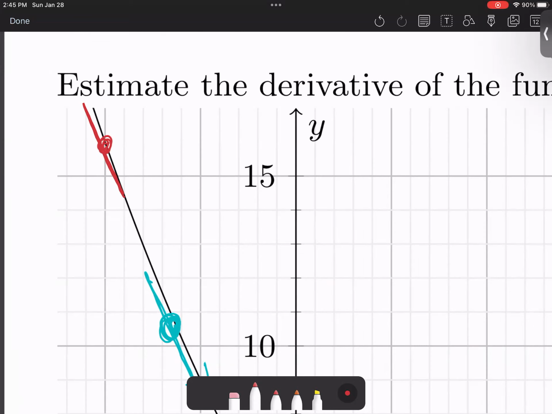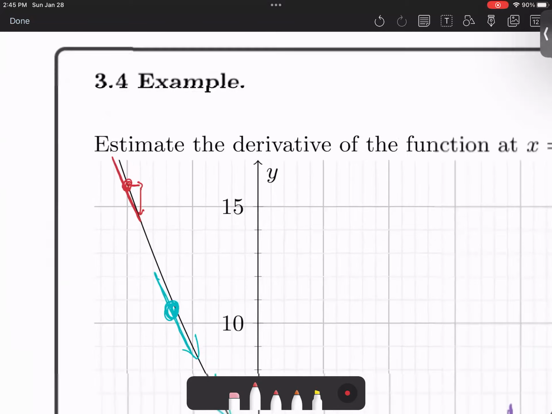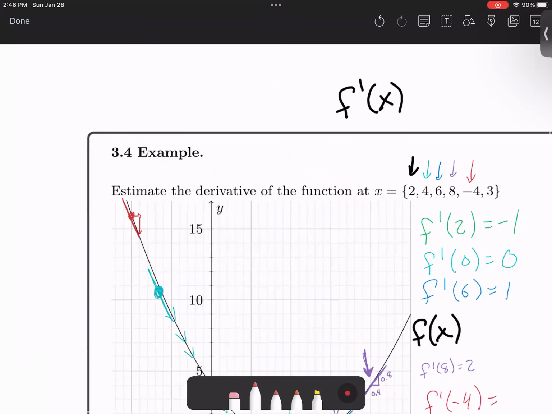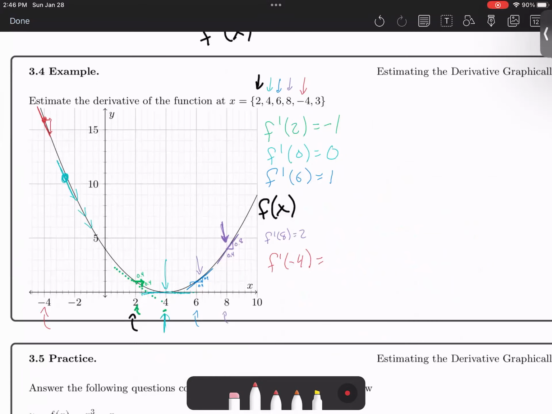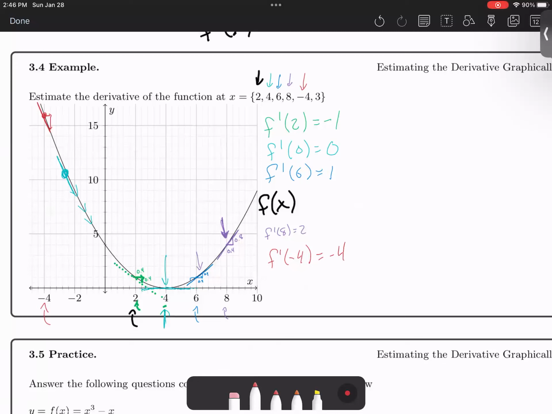If I had to guess, I go over by 0.4, and I'm going to drop down by more than 1 unit, maybe 1.6. And again, I know what this function is, and I know that the derivatives are going to be nice numbers. As a rough guess, we're always going to stick with the integers. The derivative there might look like -4. This red line is decreasing quite rapidly.